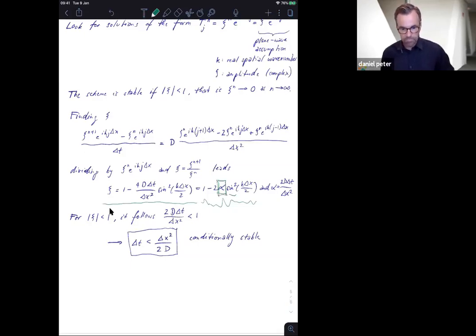It's just a little helper to see a bit better what condition follows for the time step. There's no particular name for that.